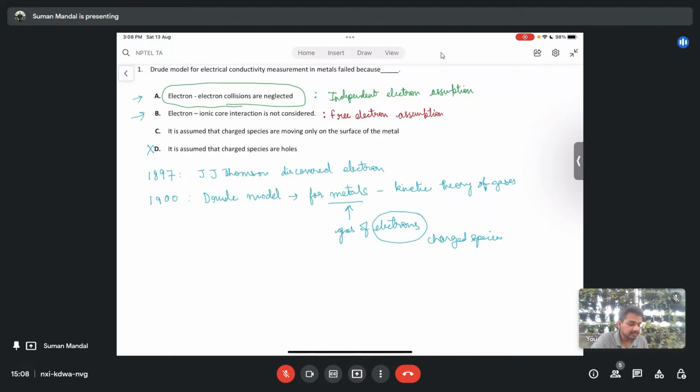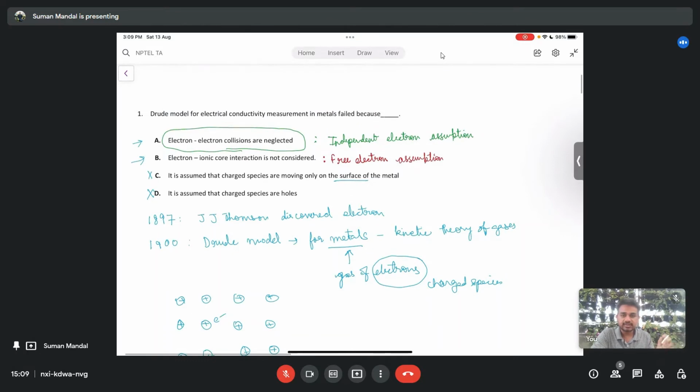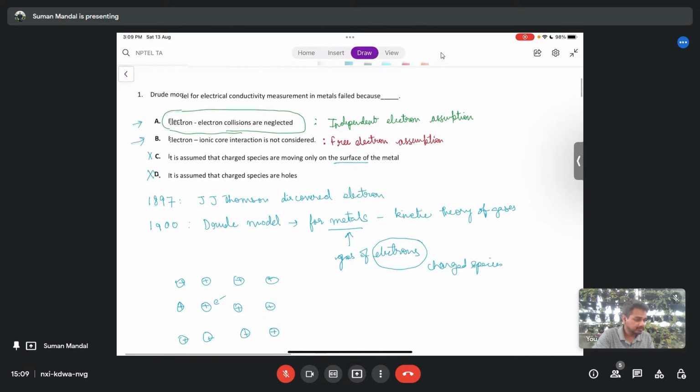In the lattice there are ions which are positively charged because they have given out electrons, and the electrons are throughout the material in the form of a gas. So the charged species are not on the surface of the metal; it is the entire bulk. So even option C is wrong. Only the first two were the assumptions made by Drude.